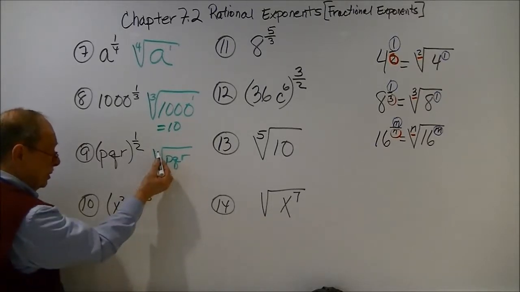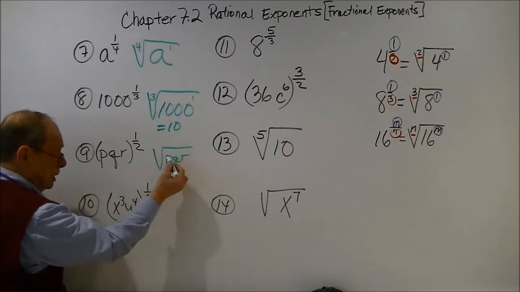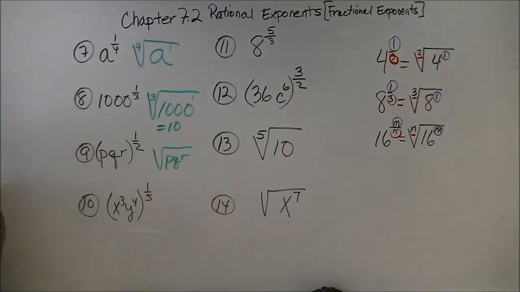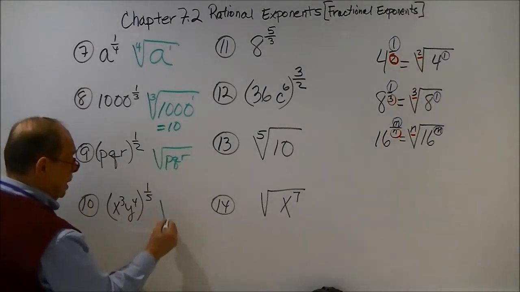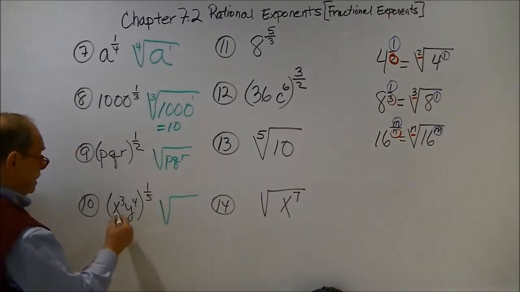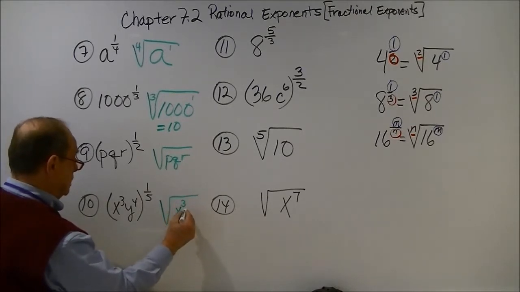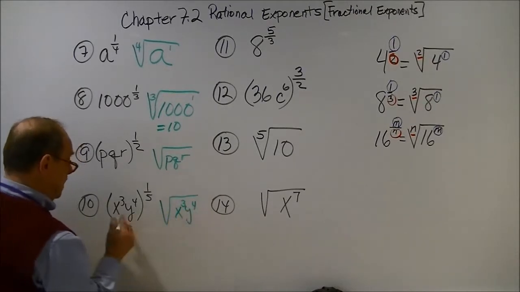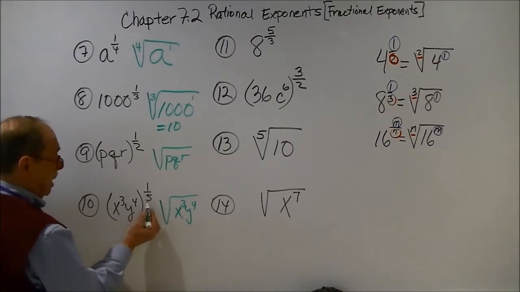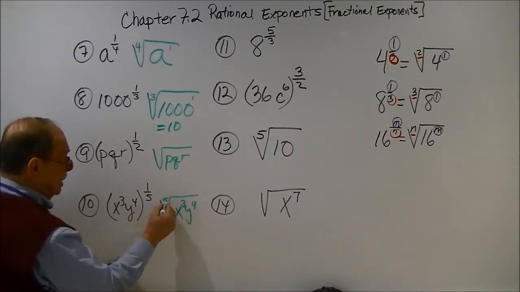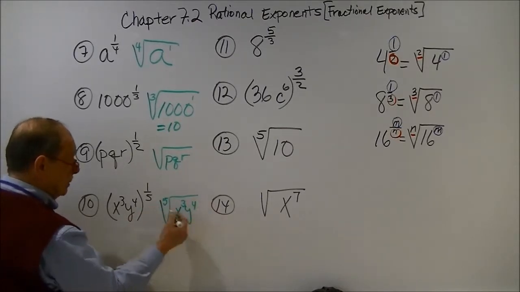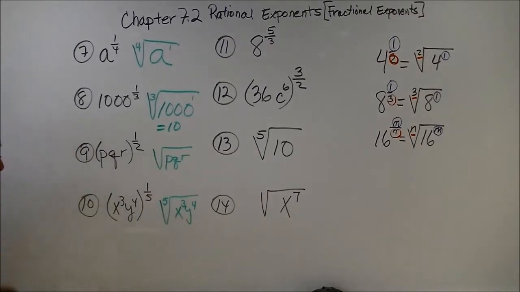If there's no number there, the 2 is there, and we don't put the 1 there either. And here, again, radical sign, x to the 3rd, y to the 4th, that's my radicand. My index number will be 5, and this is all to the 1st, so we don't put the 1 there.